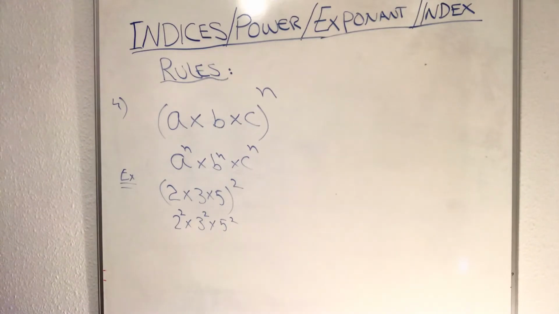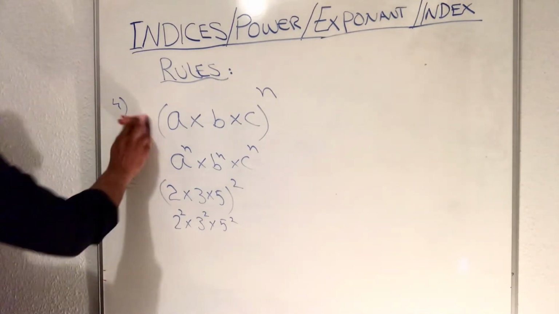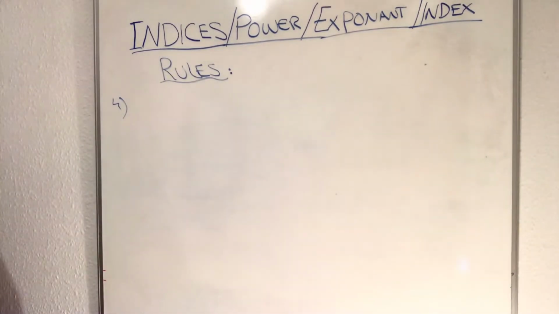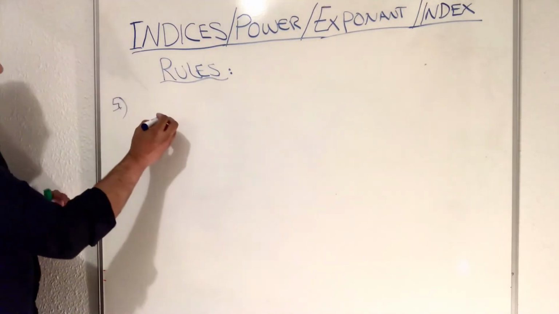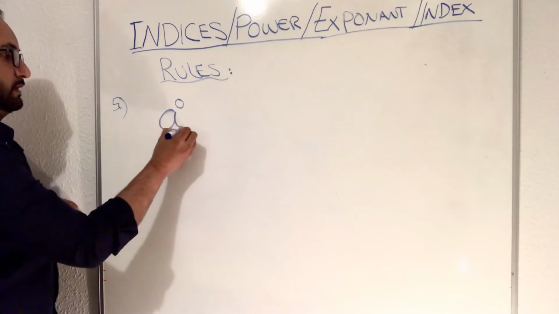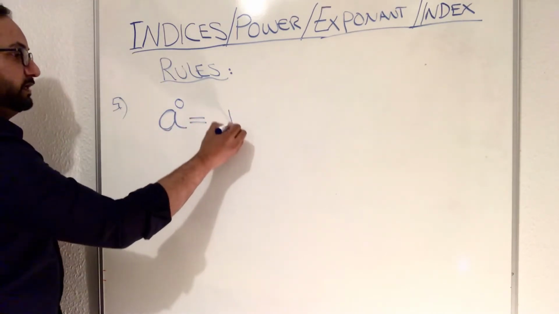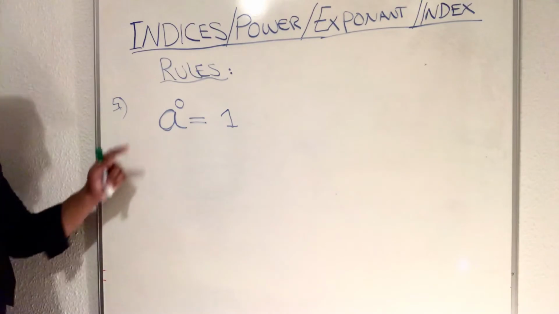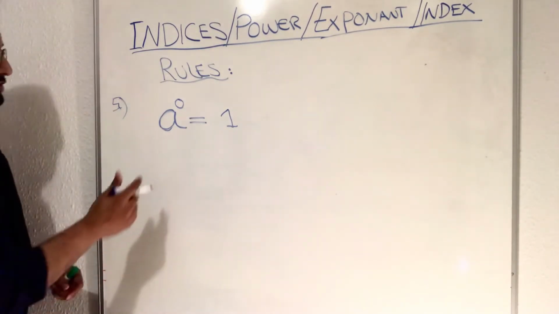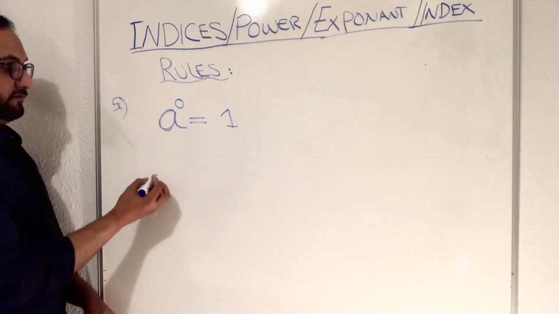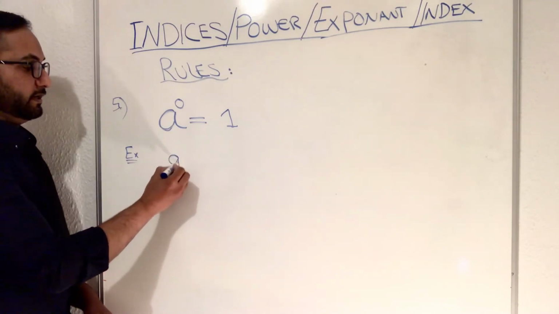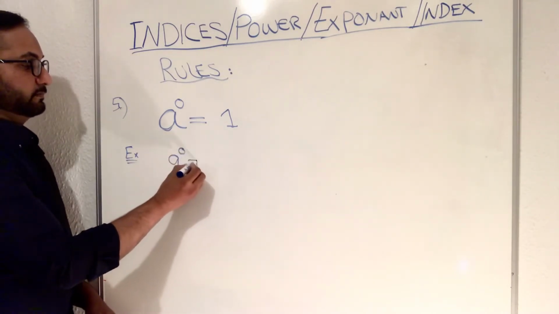So the fifth one is, if any number has a power 0, the answer must equal 1. This question always comes in the exam paper, always. So if I write a number, for example 9 power 0, what is the answer?